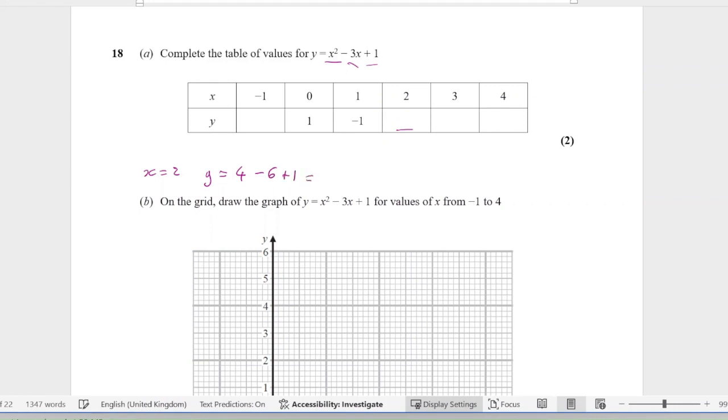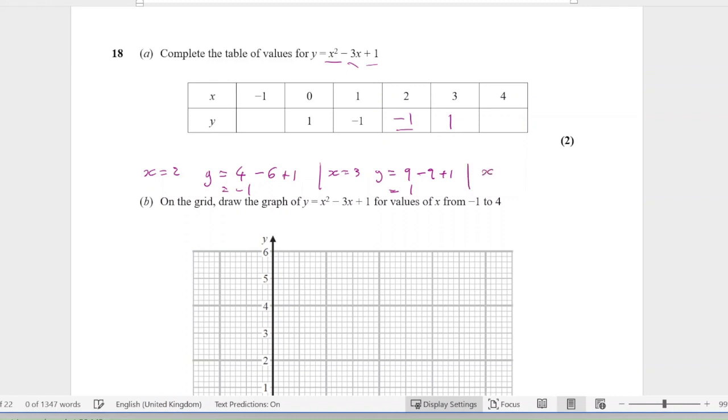So that's going to be minus 1. Then I'm going to look when x is equal to 3. So y would be equal to 3 squared, which would be 9 minus 9 plus 1. So that would be 1.